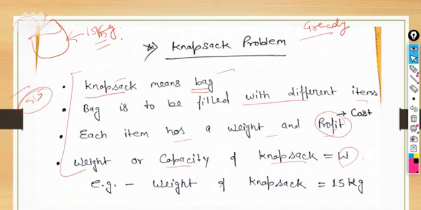You can take the example of fruits here. Different types of fruits you have to put in a bag. You are going to the market and taking some fruits, and you have a bag of 15 kg, let's assume, and you have to put the fruits into that bag. Up to what amount can it carry? The maximum amount is 50 kg. Now you have to take different fruits.